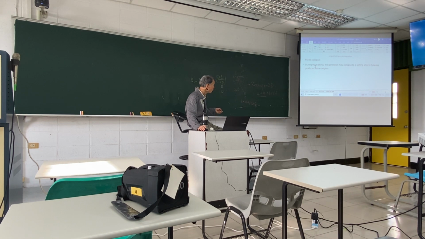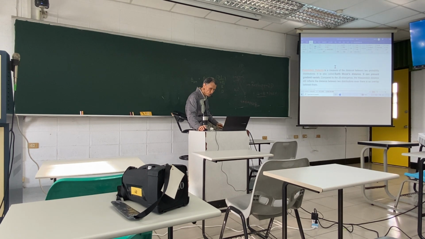And you might collapse, which means you will always produce the same output no matter what you do. So the diversity of the generated image is quite limited.